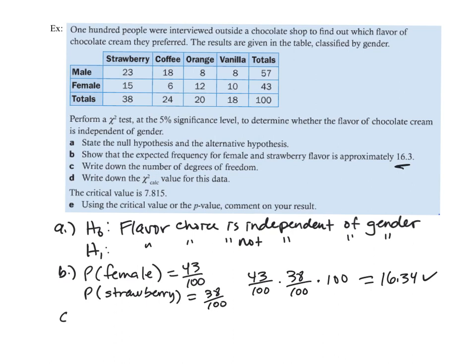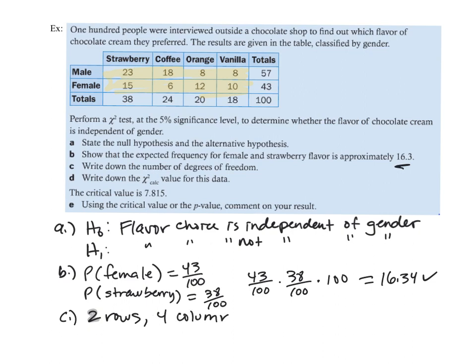Okay, letter C says find the degrees of freedom. Make sure that you are looking at just the observed data. So that would be this part of the table. Don't include the totals. You need to count the rows and you need to count the columns. And you'll notice that there are 2 rows and there are 4 columns.